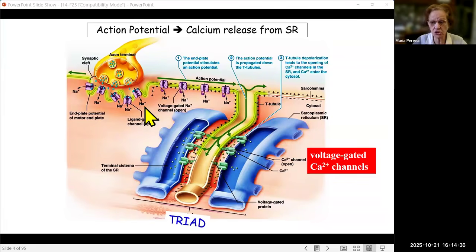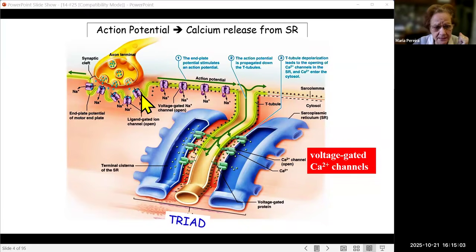This causes a change in potential from minus 90 to approximately minus 60. These numbers are approximate, okay? So now you go from minus 90, which is the resting membrane potential, the muscles are resting. But after acetylcholine opens these channels, it goes from minus 90 to minus 60.